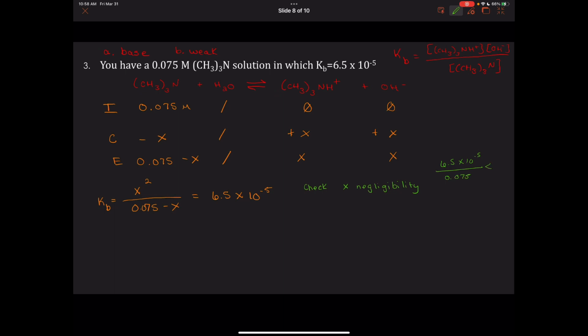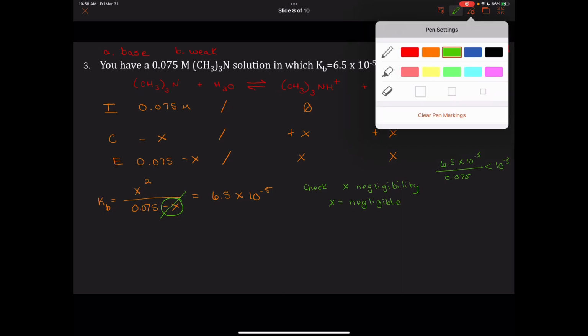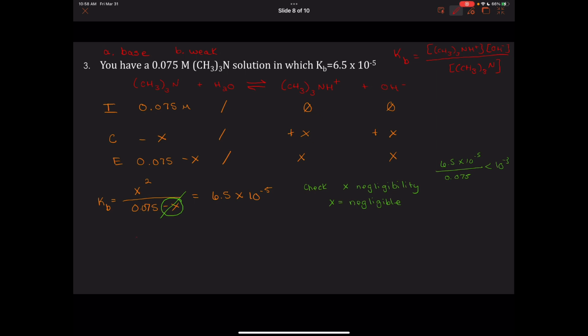We will find that it is less than 10 to the negative third, so X is negligible. So again, with X being negligible, that means this minus X, we can drop. And when we drop that, my equation becomes X squared over 0.075 equaling 6.5 times 10 to the negative fifth.